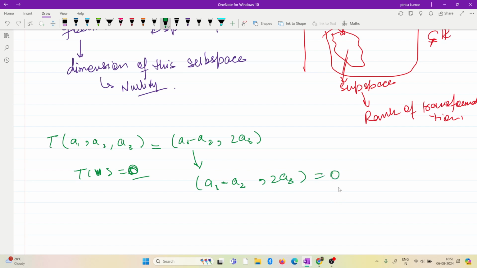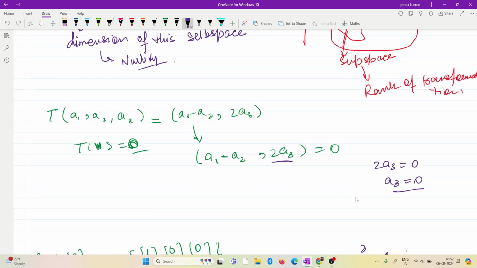So when can we obtain something like this? If you look at the second element, we want 2 A3 to be 0. The only case when it is possible is that my A3 is equal to 0. Now, A1 minus A2 is equal to 0, or this would mean A1 is equal to A2, right?